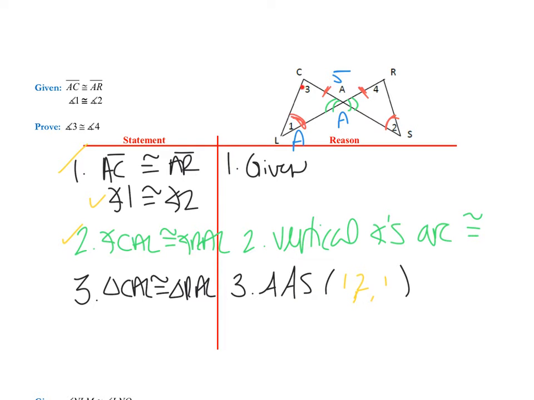So notice that 3 and 4 are in the same location of each triangle. Those are corresponding parts. So we can say that angle 3 is congruent to angle 4 by CPCTC. So we should not be using CPCTC before we prove the triangles congruent. You must prove the triangles congruent first. CPCTC comes afterwards.